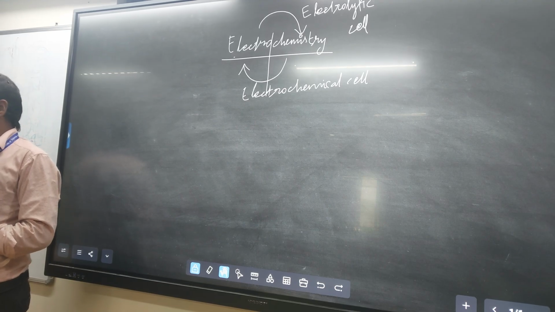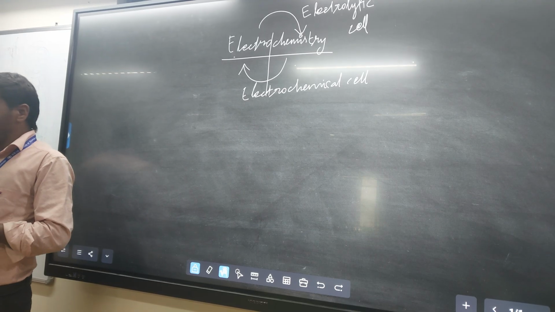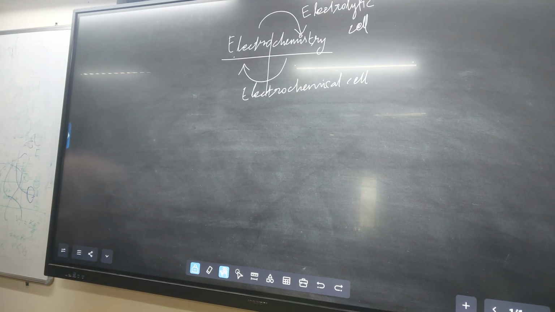So here in electrochemistry, one main thing is the production of electricity during a spontaneous chemical reaction. Without giving any external energy, the reaction is spontaneous. At that time it produces electrical energy, that is an electrochemical reaction.